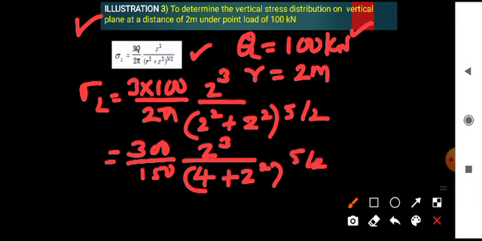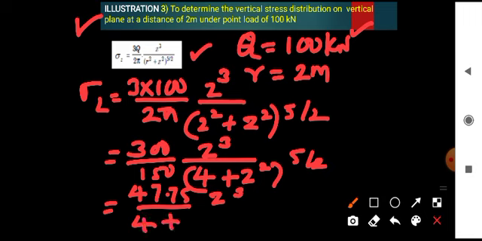If we simplify further, the equation takes this form: sigma z is equal to 47.75 z cube divided by 4 plus z square to the power of 5 by 2.